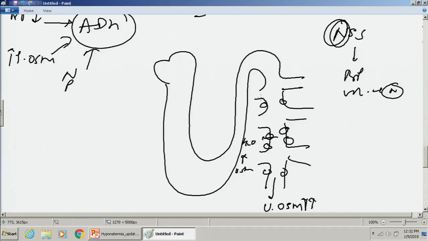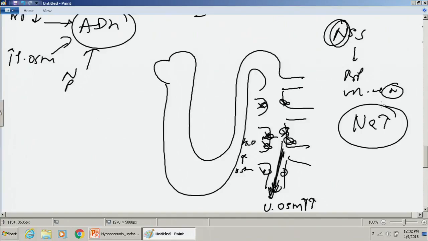Right? As soon as the stimulus to the ADH goes away, all these water channels are closed, and then you have this brisk diuresis. Suddenly the patient starts putting out more urine, okay? And that's when there's a risk of rapid rise in the sodium. Did it make sense? Not as much, huh?